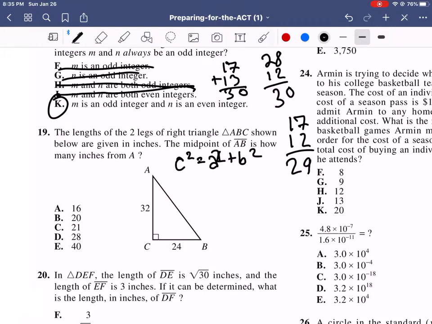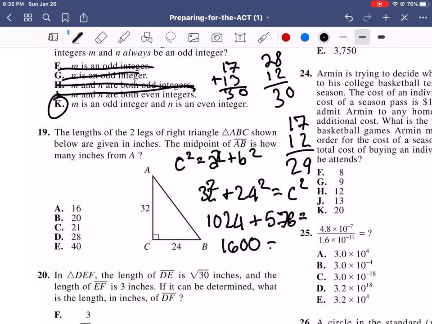What I do is I just plug it in. 32 squared plus 24 squared is 1024 plus 576, and that equals an even 1600 equals c squared.